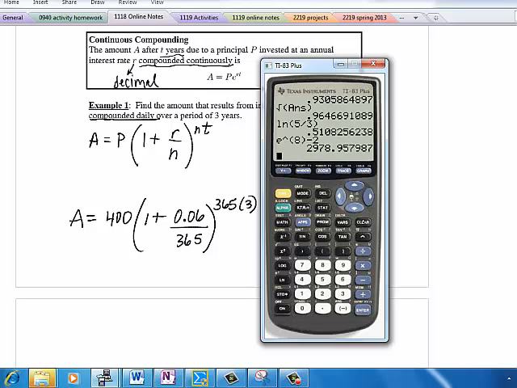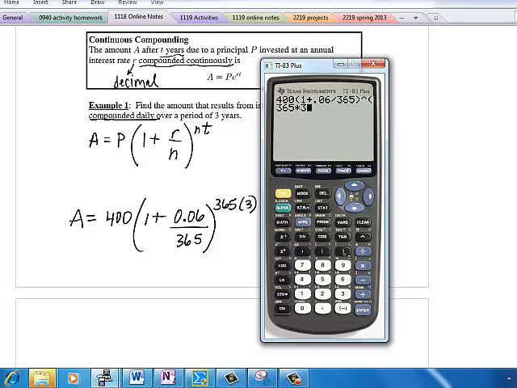We want 400 times 1 plus 0.06 over 365, raised to the, and we want both of these factors in parentheses, 365 times 3.